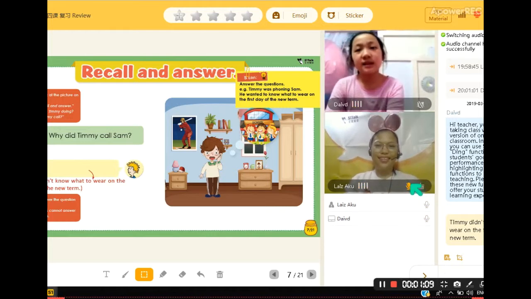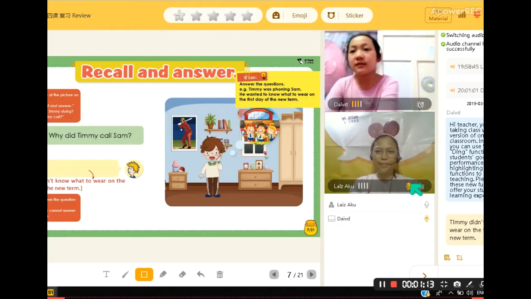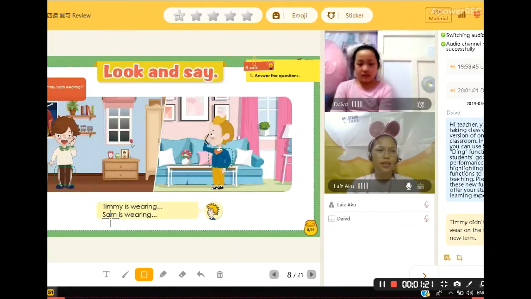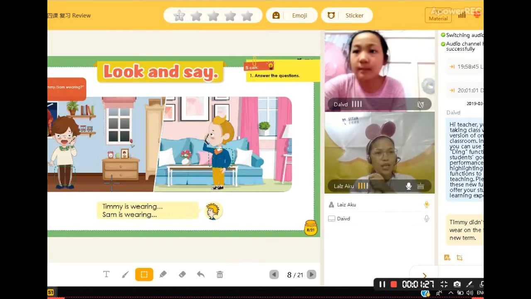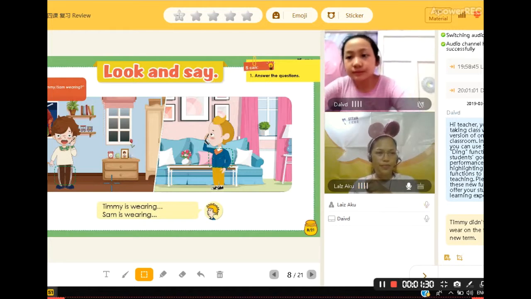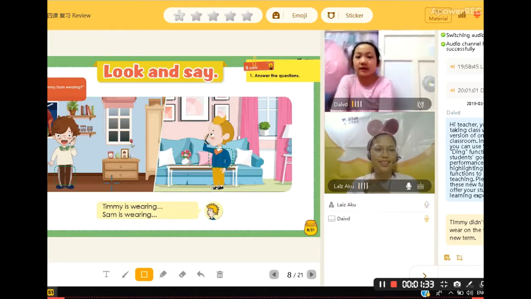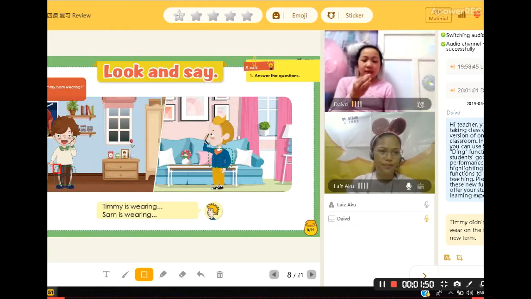Timmy didn't know what to wear on the first day of the new term. Timmy is wearing a piece of brown trousers. Sam is wearing a blue jacket.